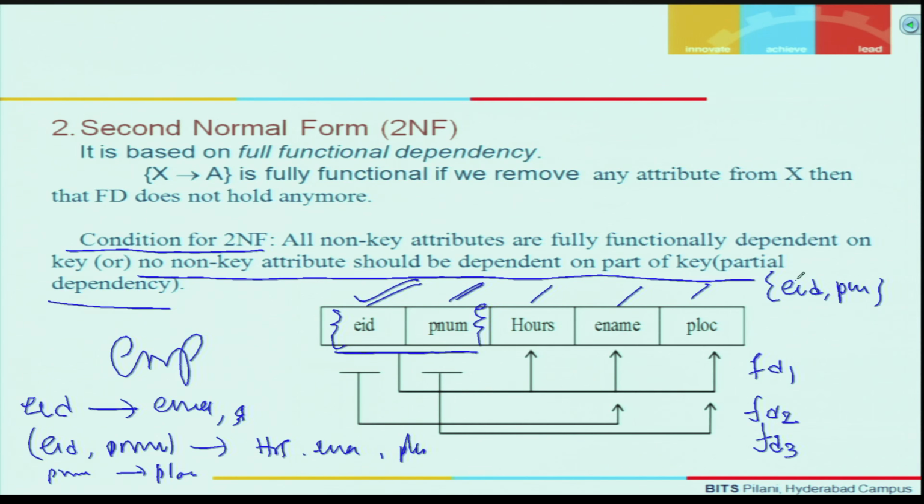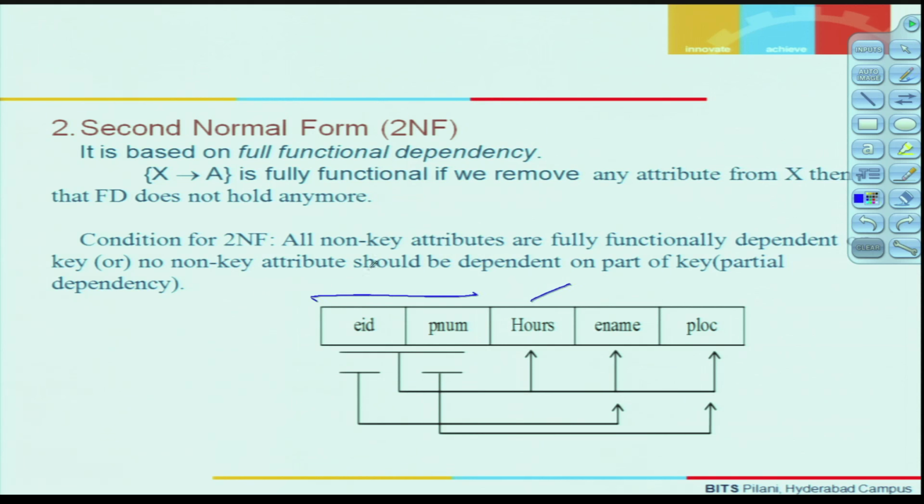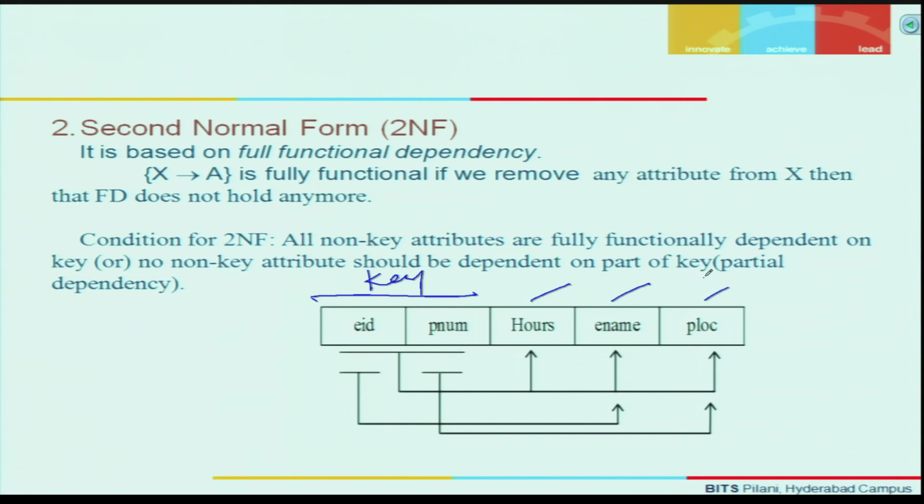EID and pnum are the key attributes, and hours, ename and p-location are not key attributes; they are called non-key attributes. The second normal form says that all non-key attributes must be completely dependent on the key, with no partial dependency of a non-key attribute on part of the key.